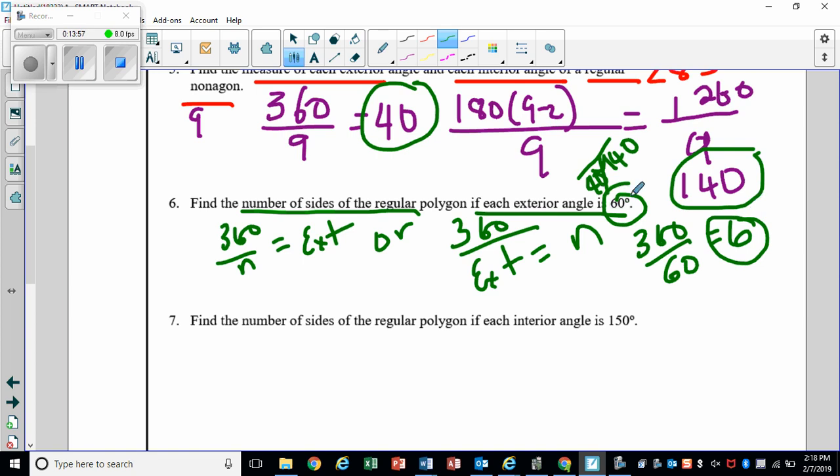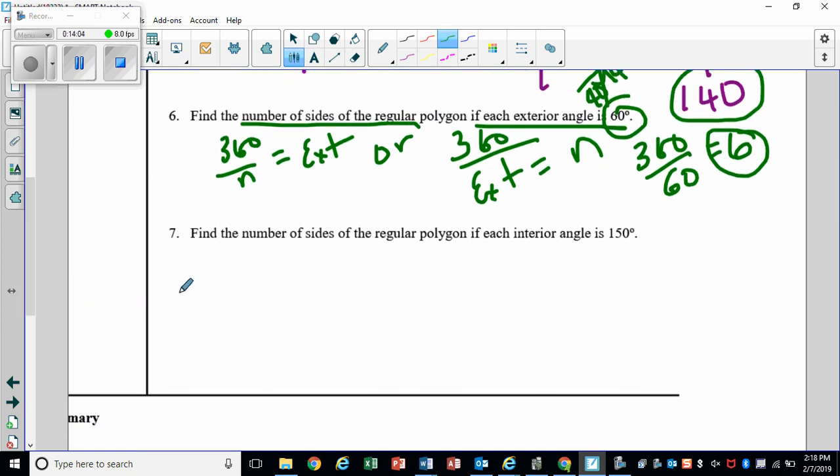All right, number 7. I'm exposing you guys to different types of questions related to this, but we will deal with more in class. Find the number of sides of a regular polygon if each interior is 150. So I have a polygon where each angle is 150, but I don't know how many sides it has. We know the number of sides is 360 divided by the exterior angle.